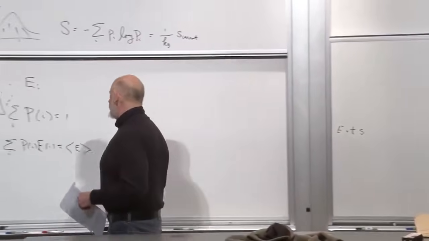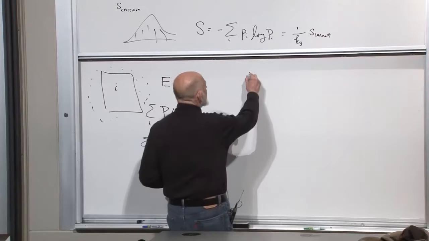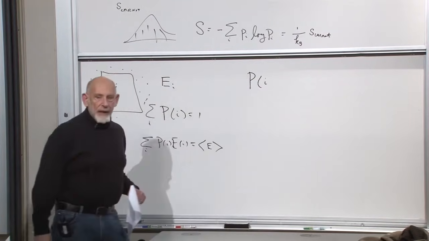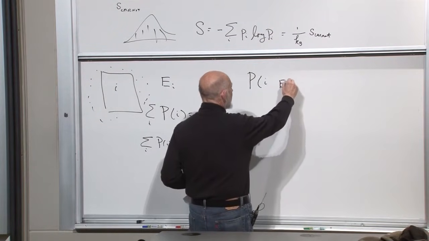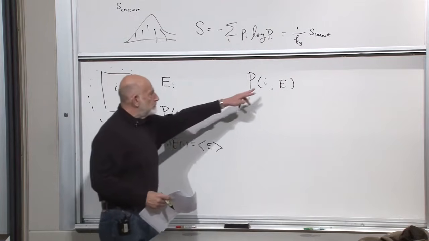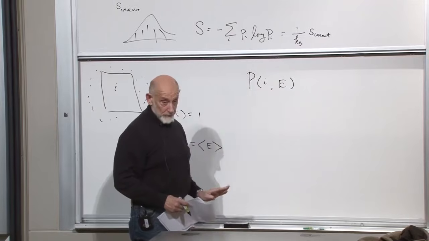So you can change the average energy, and in that sense, the probability P sub I depends on the average energy. Now, the way to think about this is that at every given average energy in thermal equilibrium, there's a probability P sub I. I'm not going to put complicated bars around this E. This now stands for average energy.